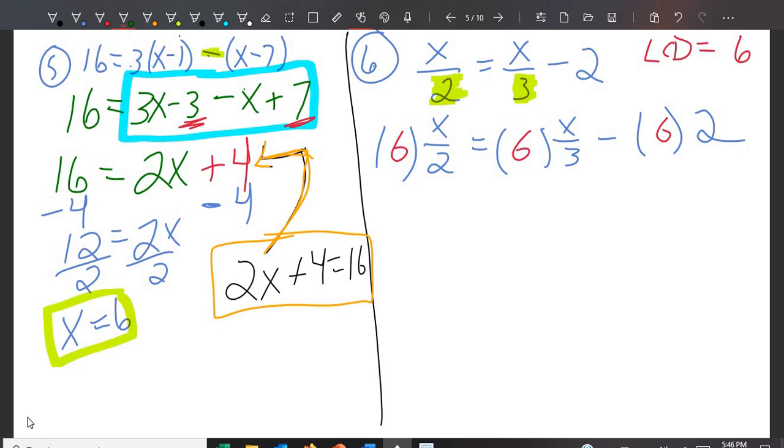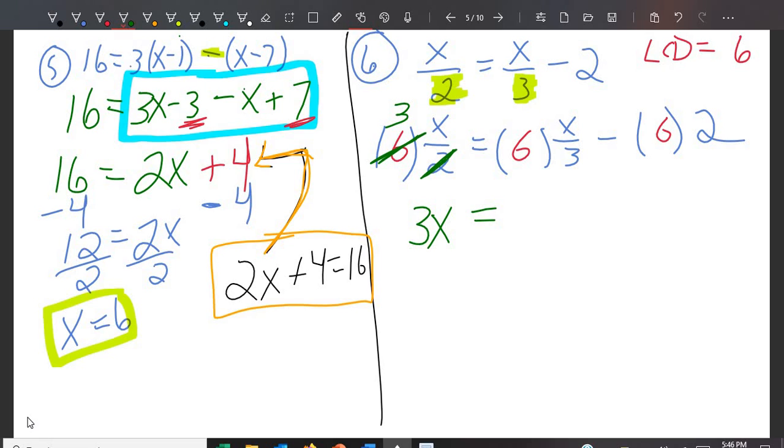And the way you simplify it is you take the denominator and you divide it into what's in the parentheses. In this case, I get a 3. You multiply the 3 and the x together because this is multiplication. So we'll get 3x equals.